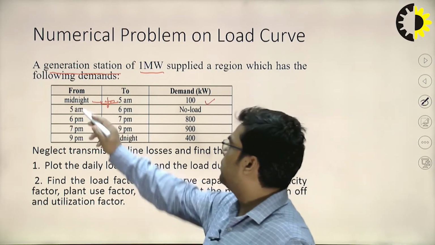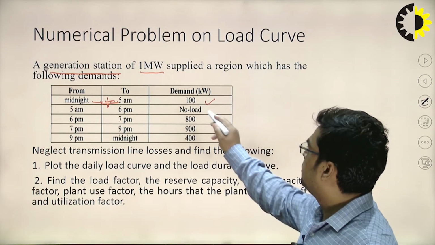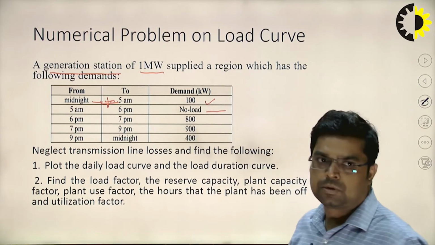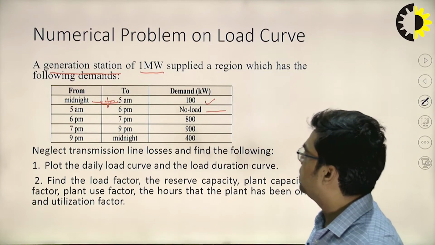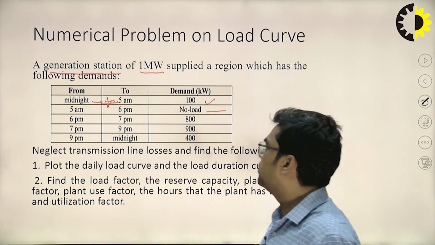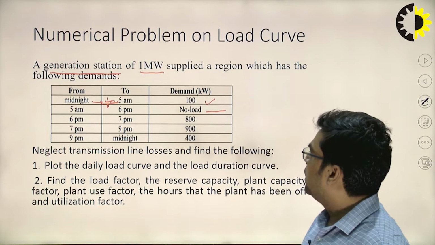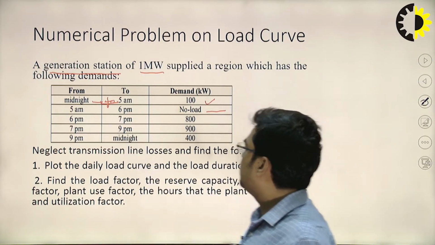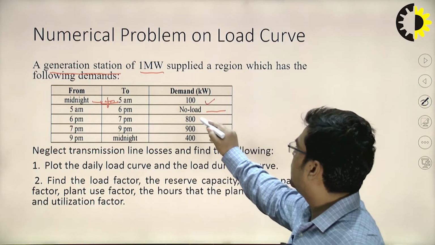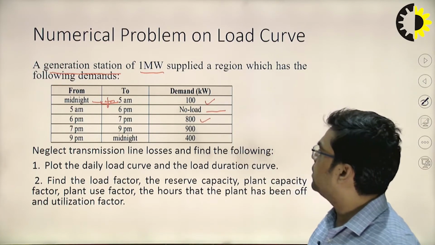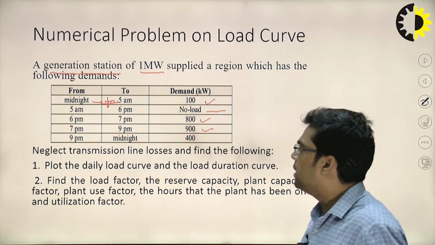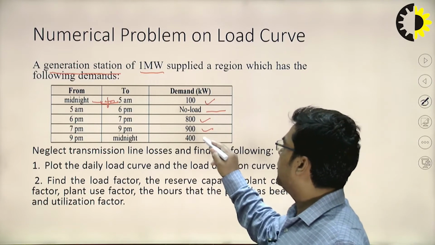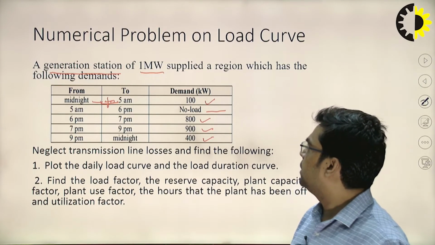From 5 am to 6 pm there is no load. This is not possible in practice, but in the numerical case we can take no loading condition from 5 am to 6 pm. From 6 to 7 pm the load demand is 800 kilowatt, from 7 to 9 pm it is 900 kilowatt, and from 9 pm to midnight it is 400 kilowatt.